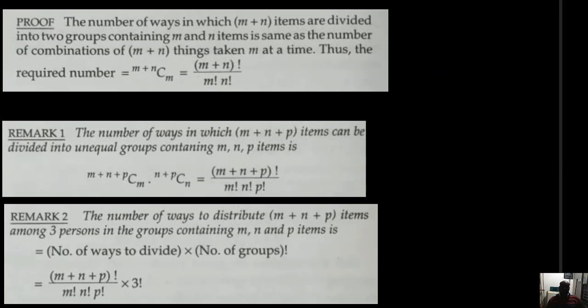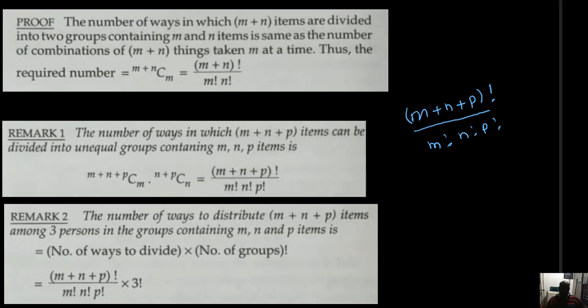Okay, completed. So at the end, what I am saying, students: if m plus n plus p objects are given, we want to make them into 3 groups of m and n and p things, how many ways you can make groups, I can say (m plus n plus p) factorial by m factorial into n factorial into p factorial.